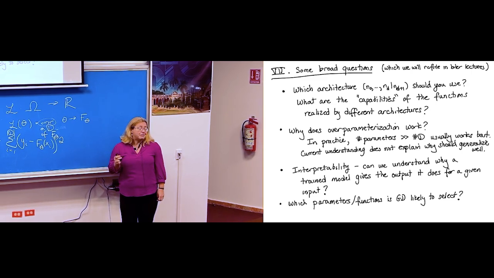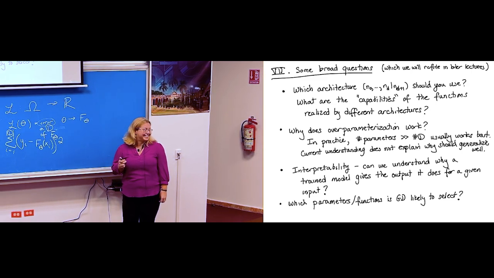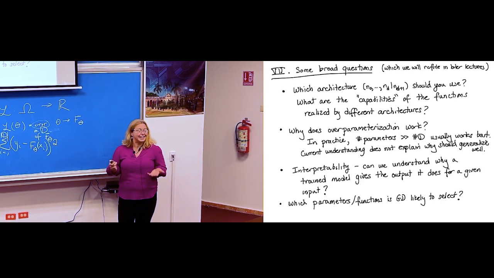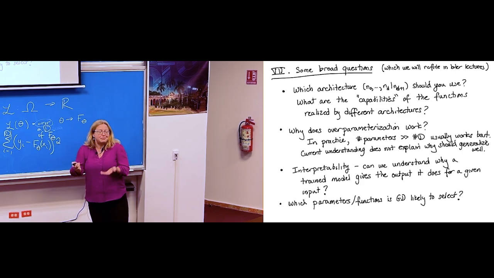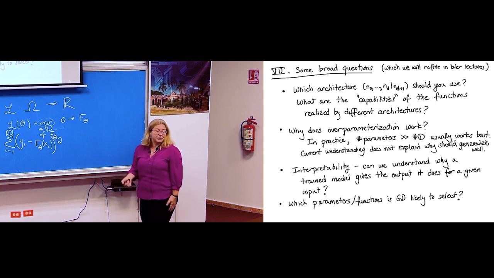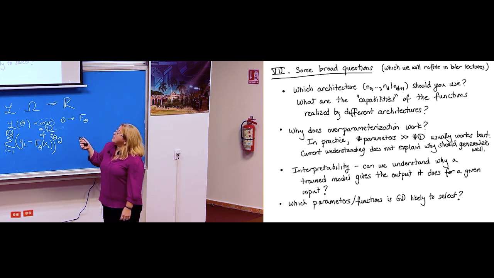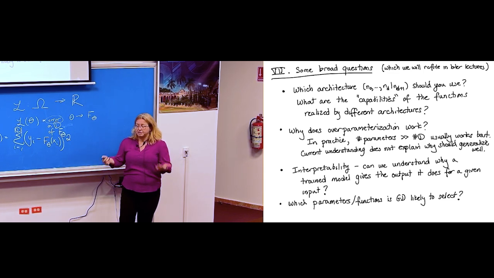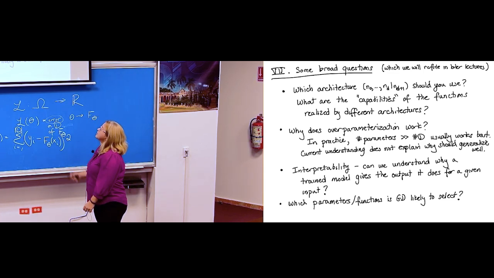Currently, there's not much theoretical guidance. My understanding from those who do it professionally is that it's kind of an art. Over time, you get an intuition about what types of architectures are likely to work better. But I think there's a lot of opportunity here for the theory to build up to try to answer this question.